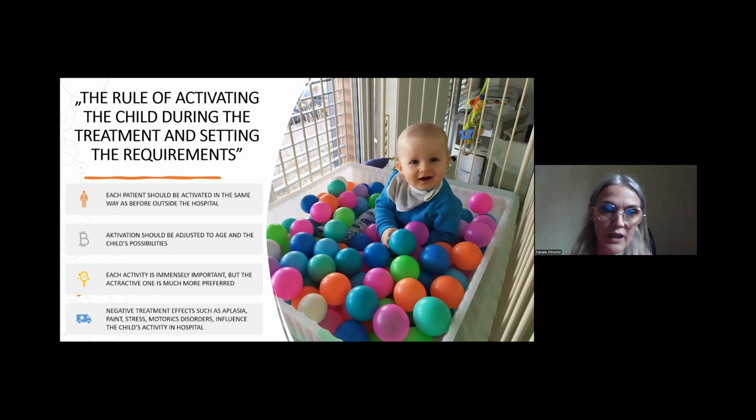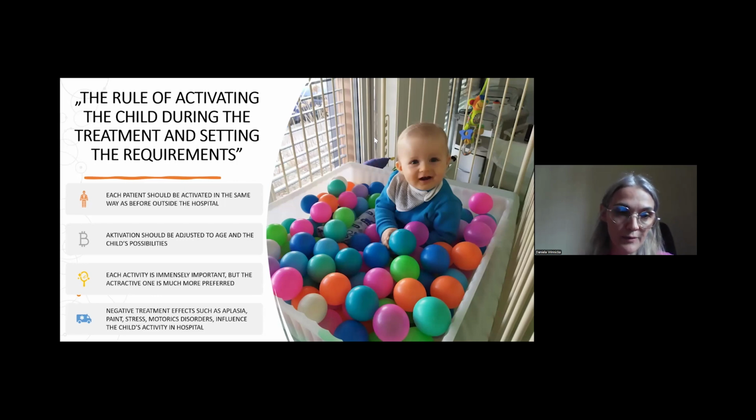So each patient should be activated in the same way as before, outside the hospital, and like his friends of the same age. Activation should be adjusted to age and the child's possibility, because sometimes, of course, our children can't move or don't feel good.